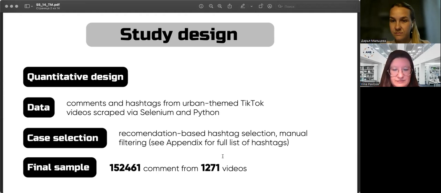And surely you can reproduce that on a larger data set, and I will probably be doing that also, but the results that I will be talking about today are based on this data set.